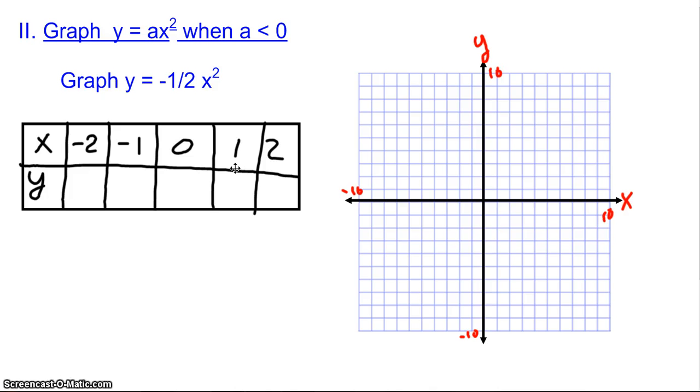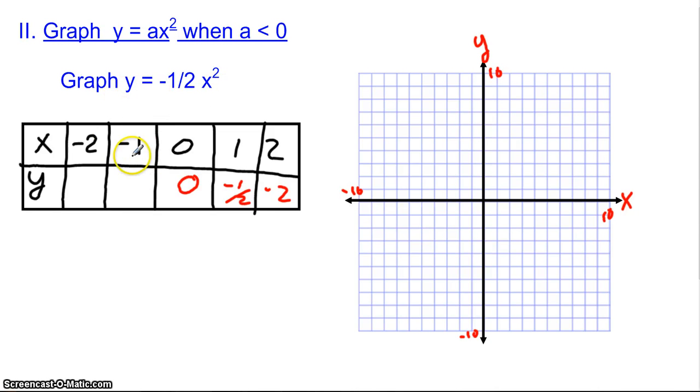So you plugged in 0. When you do, 0 squared is 0 times negative 1/2, 0. Plugged in 1, 1 squared, 1 times a negative 1/2 is negative 1/2. Plugged in 2, 2 squared is 4, and 4 times negative 1/2 is negative 2.